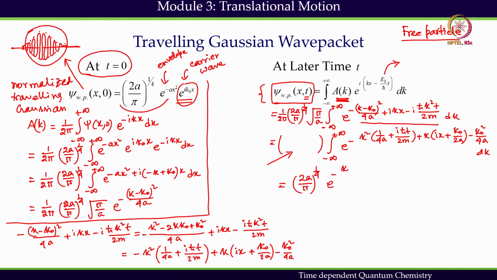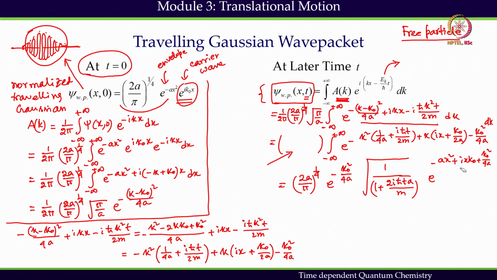the power minus k naught square by 4a, and within square root I have 1 plus 2i h cut t a by m, and then e to the power minus a x square plus i x k naught plus k naught square divided by 4a.